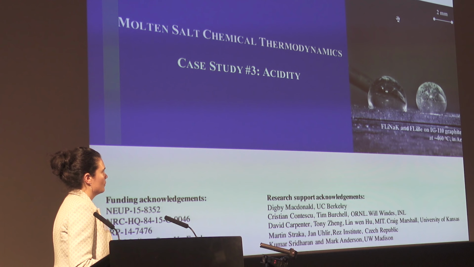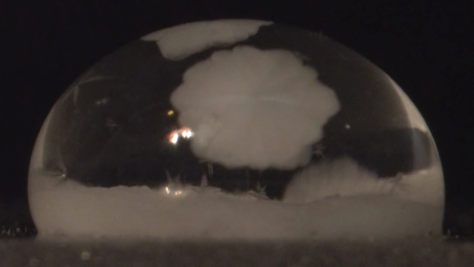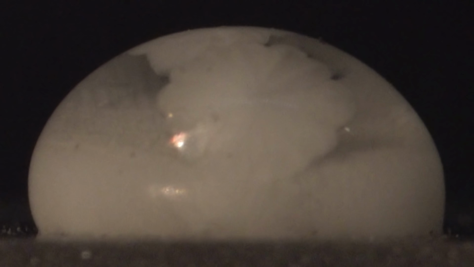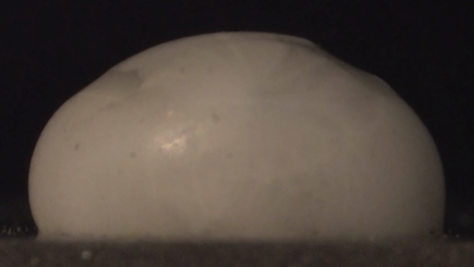So in videos of FLiNaK freezing, you will see that it nucleates homogeneously. There are crystals that form in the bulk of the FLiNaK that then drop down. It's interesting how the nucleation works. I was thinking about nucleation of non-condensable gases. We have not done that work yet, but it's definitely something that would be interesting to work on.